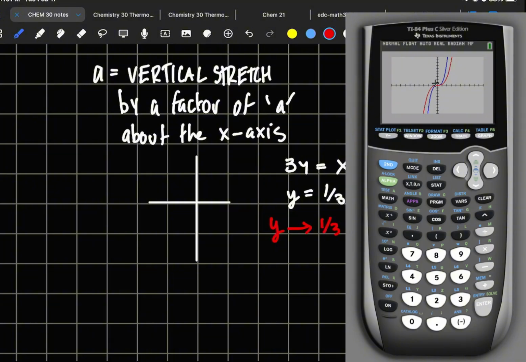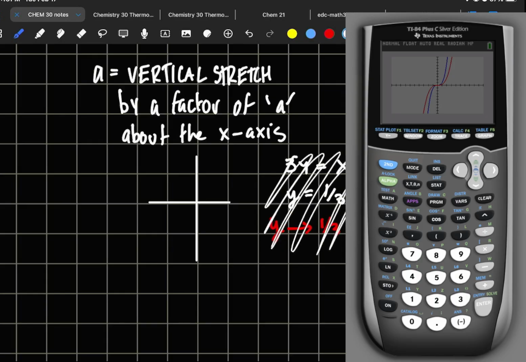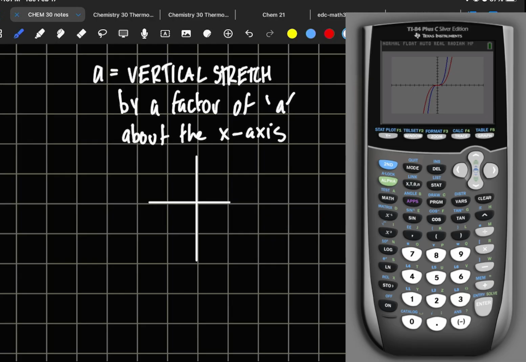But you do notice that this graph starts to get somewhat wider. The reason our graph of 1/3 x cubed looks wider is because the y values rise more slowly, and it takes longer to actually get to the same point. It's easier to envision with a linear function, so we'll try it with a linear function.